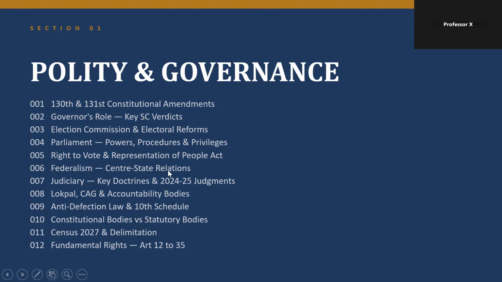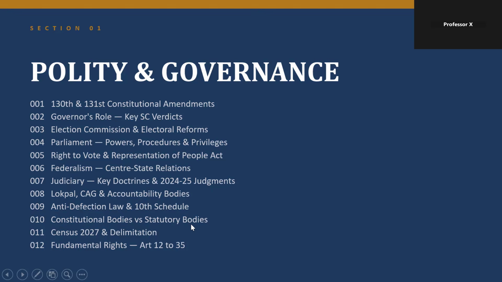Federalism, center-state relations, judiciary, key doctrines, and key 2024 and 25 judgments. Lokpal, CAG, and accountability bodies, again an evergreen theme, which has come in PYQs a lot, even last year. Anti-defection law and the 10th Schedule, always in the news. Again, it was in the news in the last cycle. Constitutional bodies versus statutory bodies.